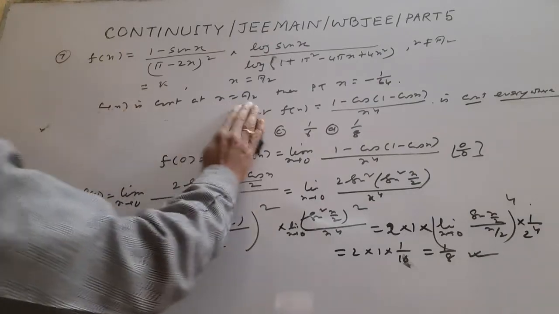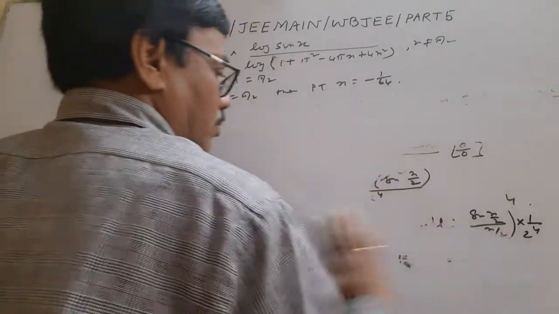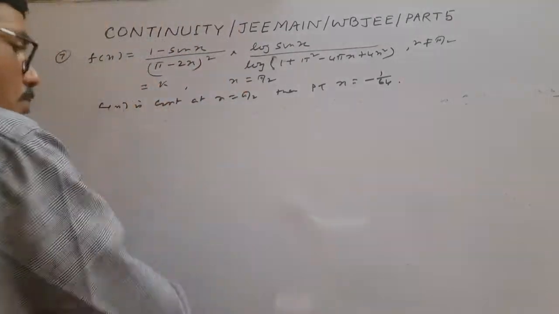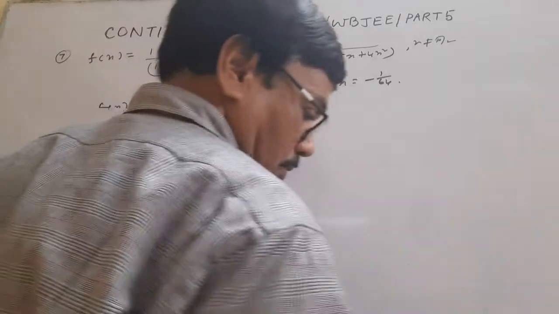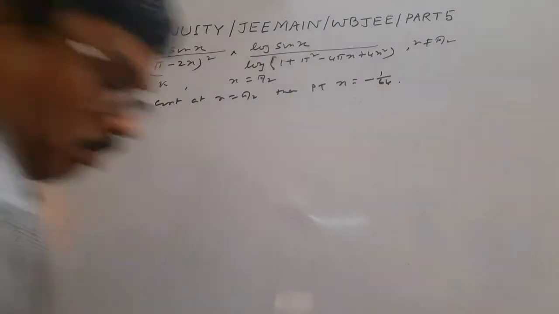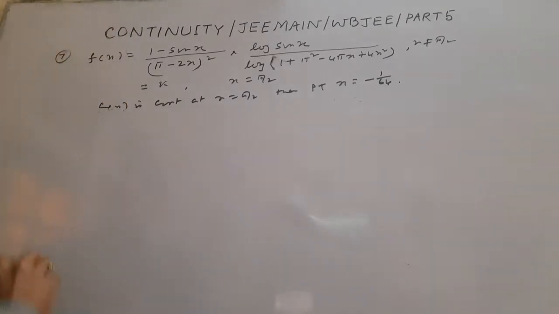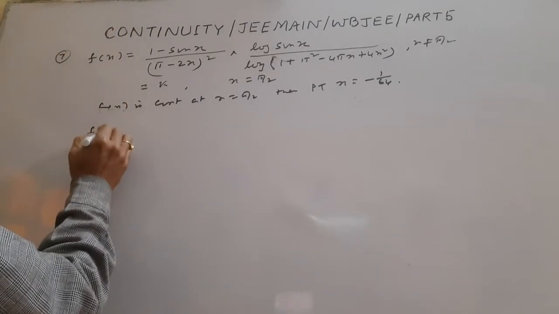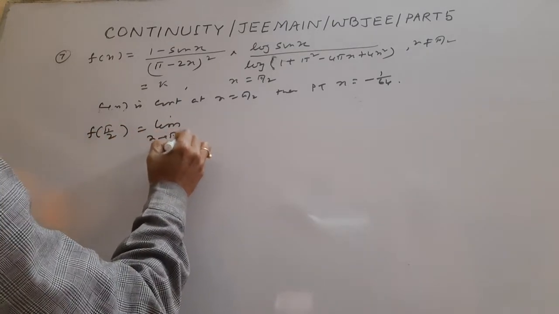Then problem number 7. Now f(x) is continuous at x equals pi by 2. So f(pi by 2) equals limit x tends to pi by 2 of f(x).